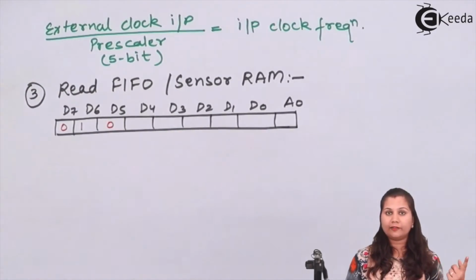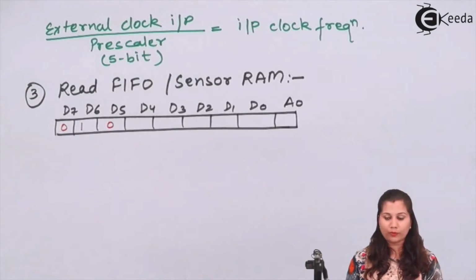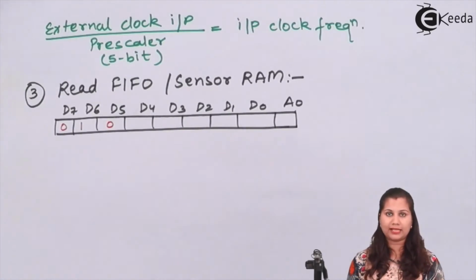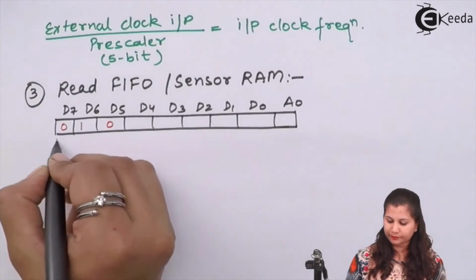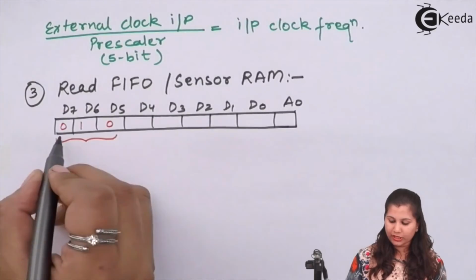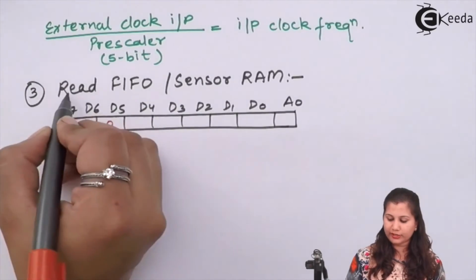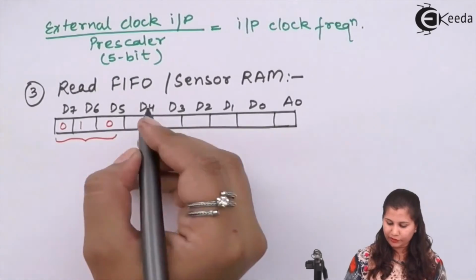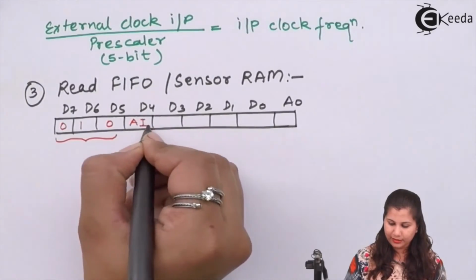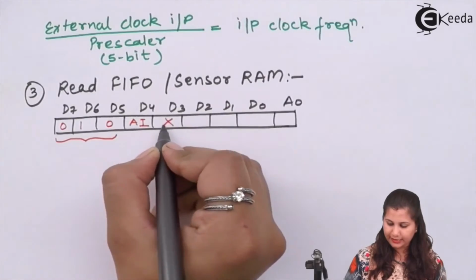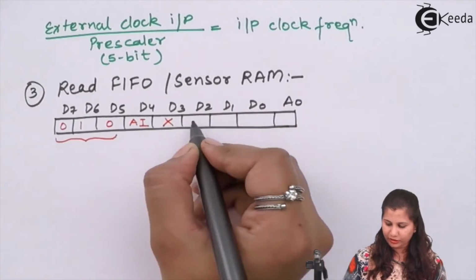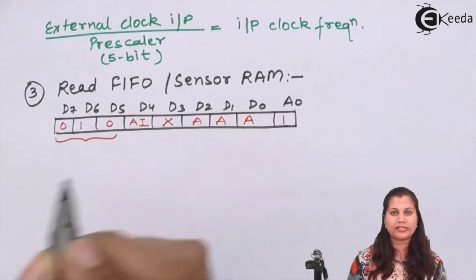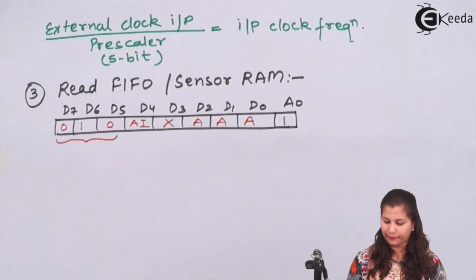Earlier it was 0, 0, 0, then 0, 0, 1, and then it has become 0, 1, 0. So you can see that a pattern has been followed here. These are at constant logic for this read FIFO sensor RAM mode. Then we have D4, which is AI, D3 is X, D2, D1, D0 are A, and A0 is always at the constant logic 1.